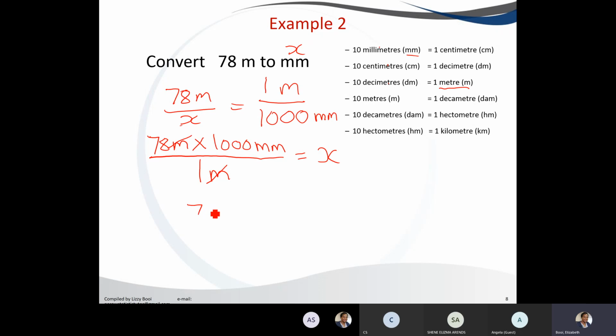We are left with 78 times 1,000 millimeters equals X, and therefore it will be equal to 78,000 millimeters. So to convert from meters to millimeters, 78 meters is equivalent to 78,000 millimeters.